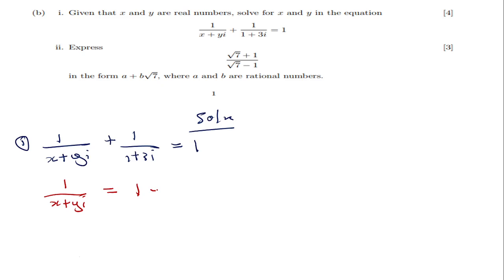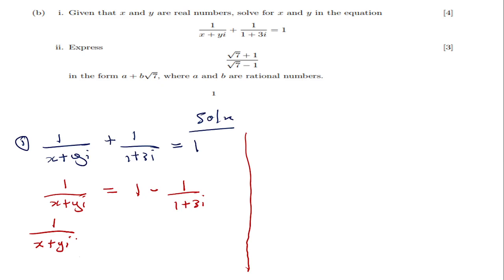My next step will be 1 over X plus yi, and you find the common denominator here. It is 1 plus 3i.